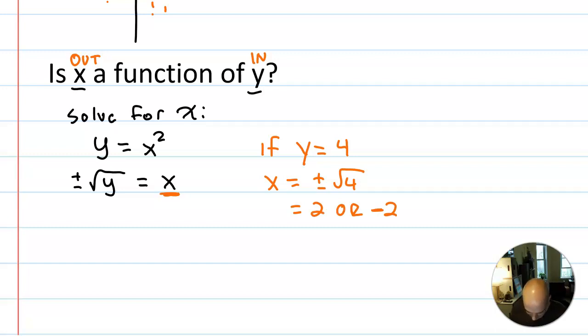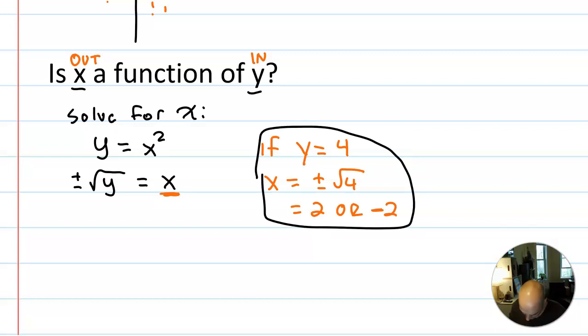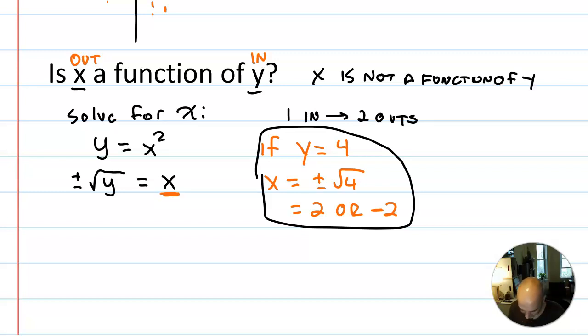So here's an algebraic example that because we had one input and it went to 2 outputs, x is not a function of y.